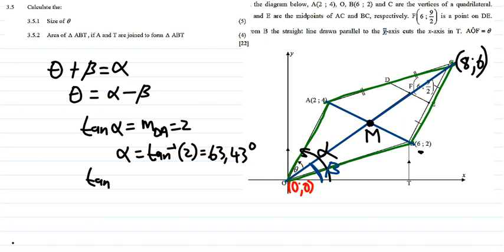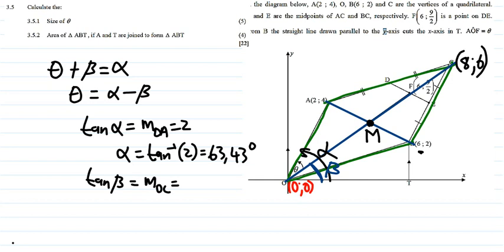We do the same thing for beta. Tan beta will be the gradient of OC or OM, same thing. Do we know the gradient there? Well, if we don't know it, we should have enough information to calculate it. What was M again? We have C. C is 8 and 6.